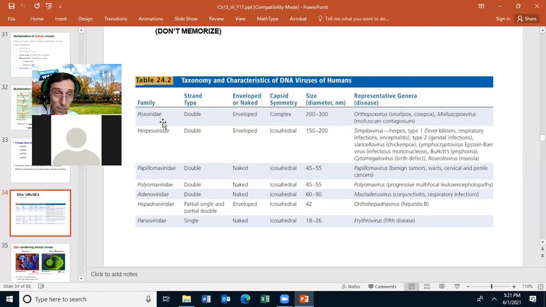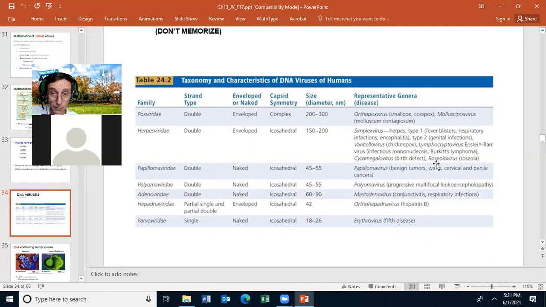If you don't know, Pox viridae is the family that smallpox falls in, as well as cowpox. Herpes viridae, of course, is the herpes virus, like herpes simplex type 1 and type 2. And this also includes chickenpox and shingles. Epstein-Barr virus, we won't talk about that. Mononucleosis.